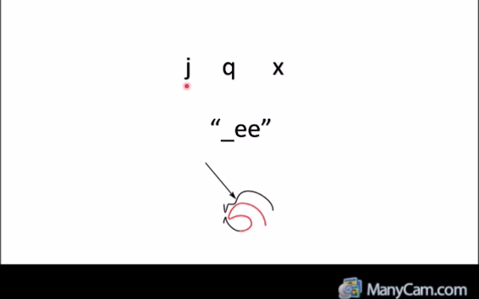So this one is ji, and this one is chi, chi, chi.